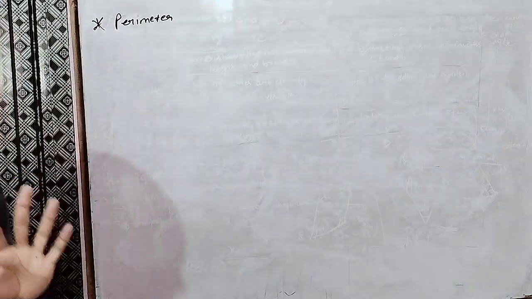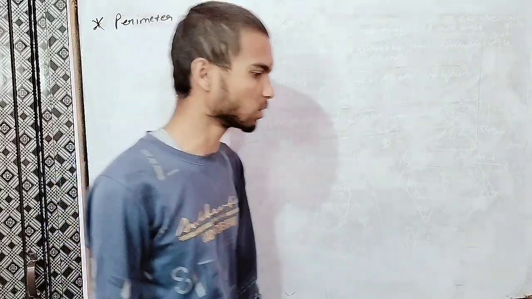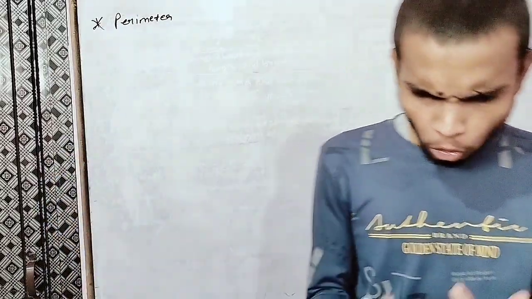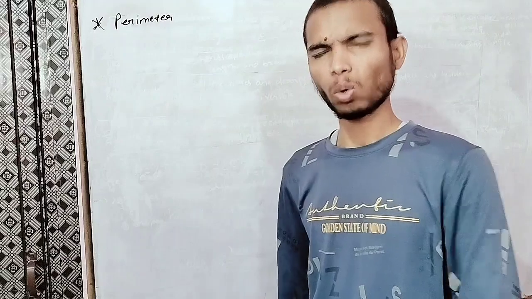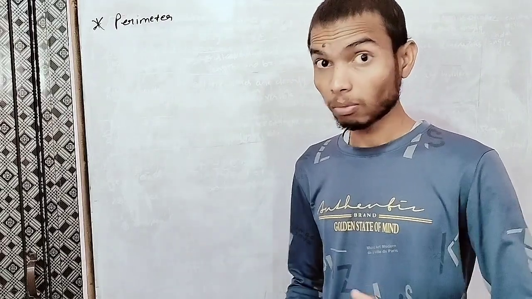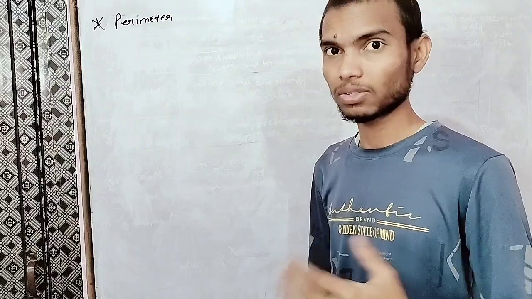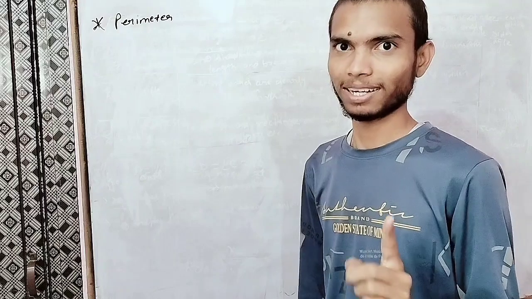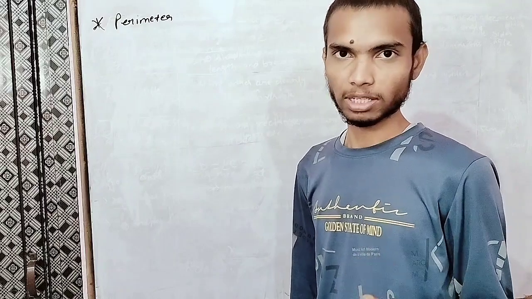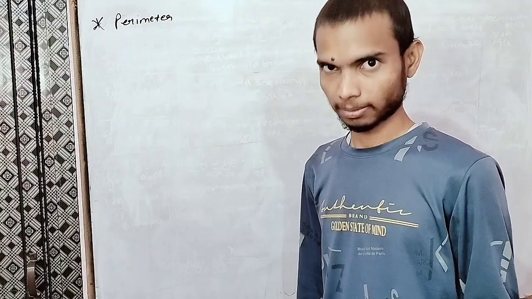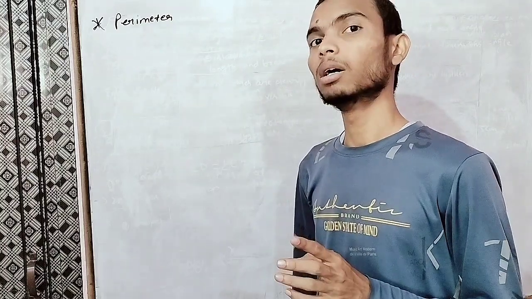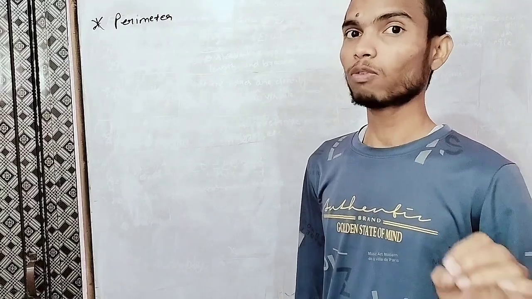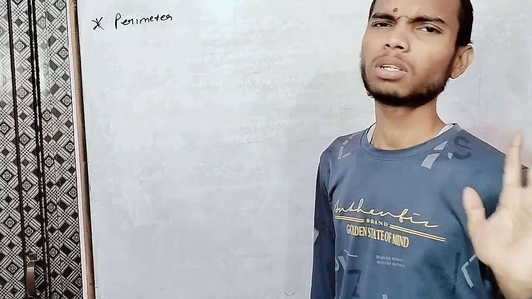So, what is the meaning of perimeter? Now, are you able to explain it? Perimeter means the total length of a shape. But we will not repeat the same length. Remember, you have to avoid this. Don't repeat. So the total length of a solid is the meaning of perimeter.